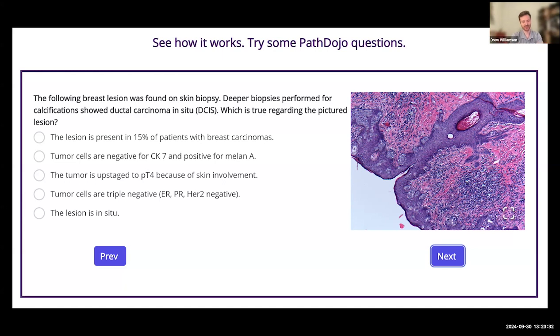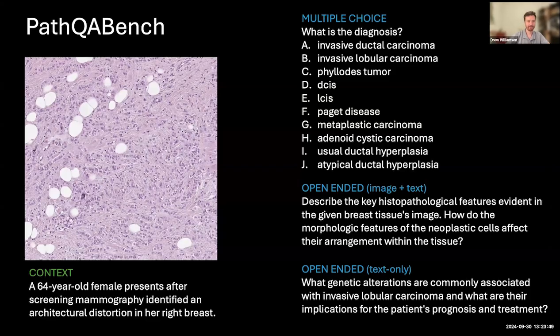They don't want you to, of course, scrape all the images and text from these and use them for whatever nefarious purposes you have. And so what we ended up having to do was create an evaluation data set from scratch. And we actually made more than one. We call this overall evaluation PathQA Bench.